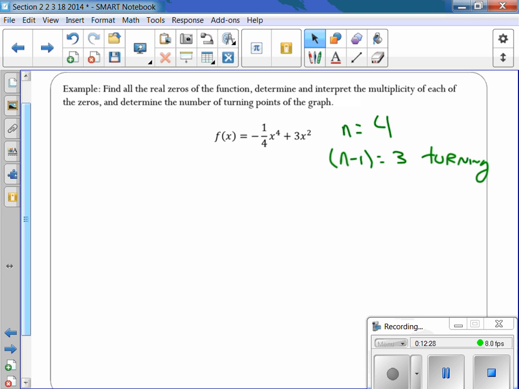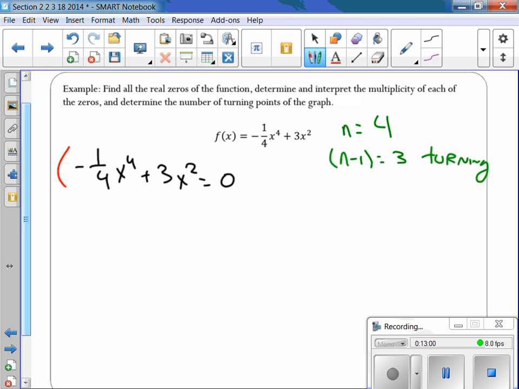First thing first, set it equal to 0. And we have this lovely polynomial, especially if you love fractions. If we don't love fractions, what should we do? Multiply by that denominator. In this case, we actually multiply by a negative 4, as long as I do it to both sides, I'm okay. If I multiply by negative 4, the first term becomes x to the 4th.